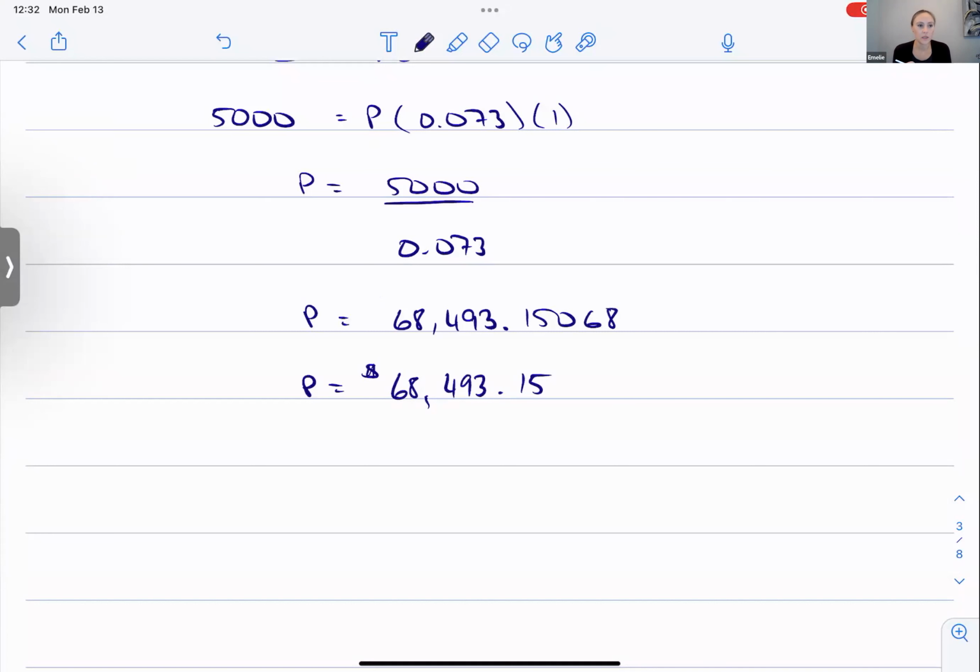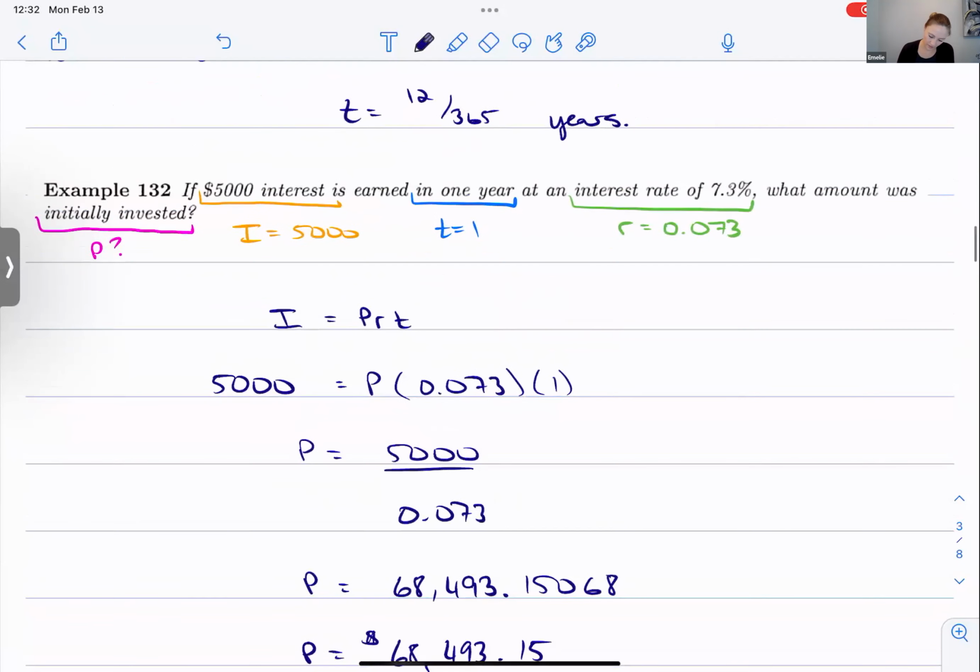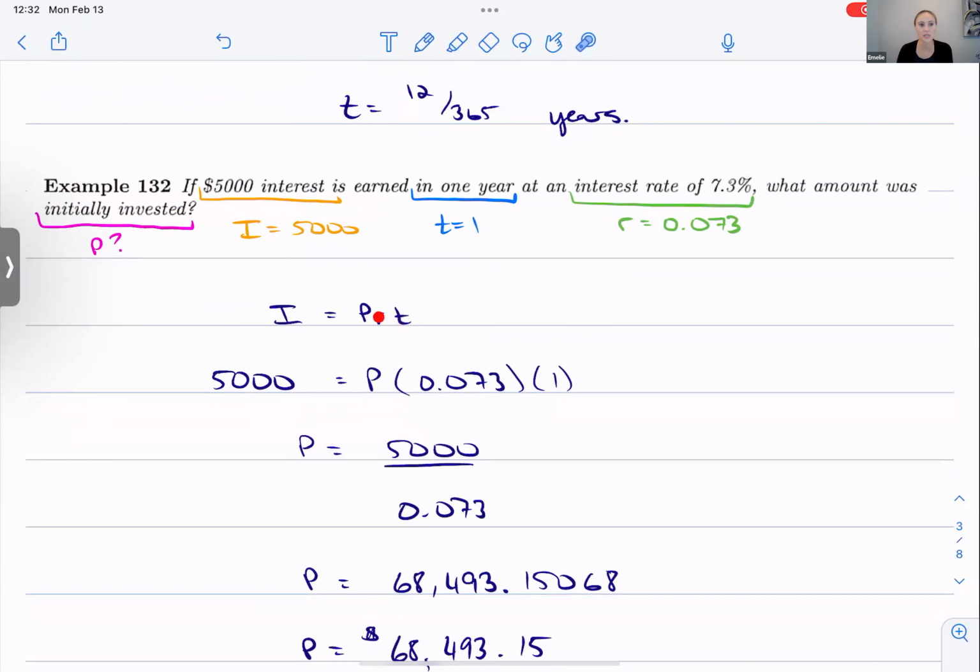Okay. So you can manipulate this formula, I equals PRT. You can pre-manipulate it if you want to. You can take each of these and solve for P. You can solve for R. You can solve for T, although they end up being kind of similar, right? And so I don't think you need to do that. But if you do want to have them jotted out, that's totally fine. Your tests are all open books, so that's fine.